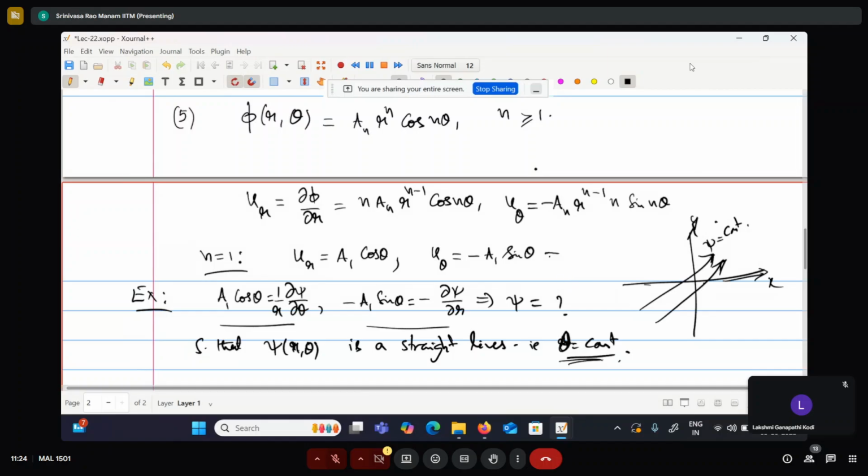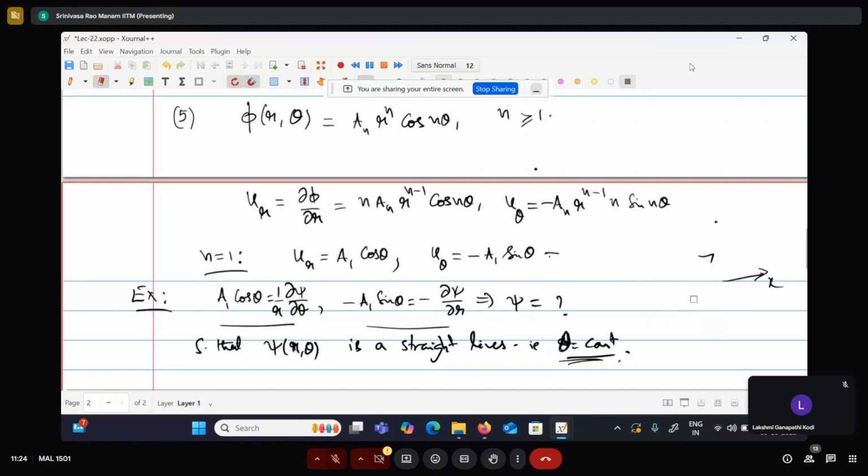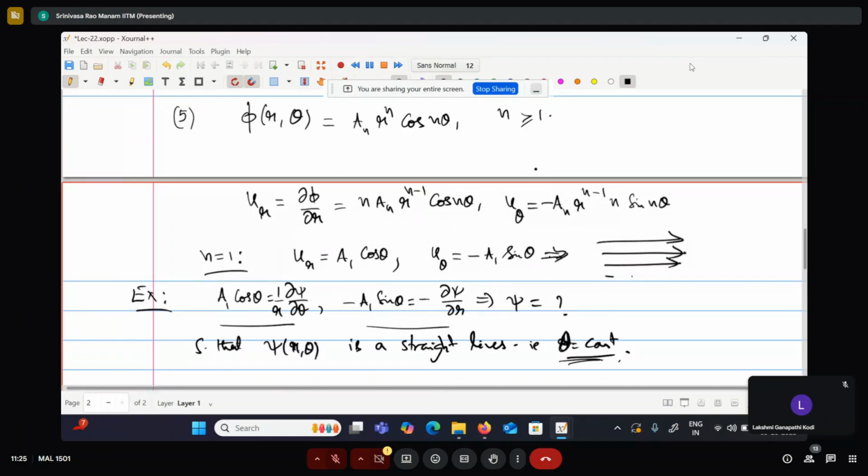I could not see it directly yesterday, but it is actually simple uniform flow going in the direction of x. This is x direction, this is y direction. A1 is constant, that gives you that one.